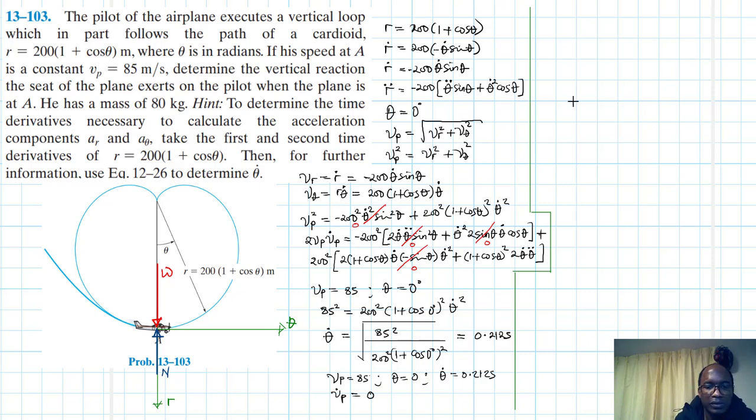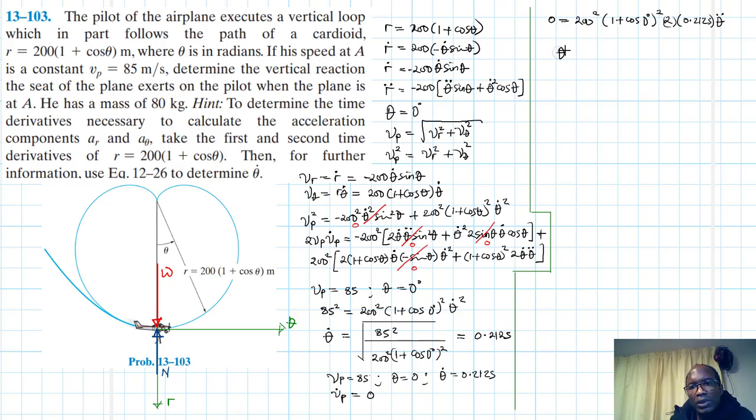So this just gives us 0 is equal to, we are solving this, mind you, we want to find theta double dot. 0 is equal to, this is 0, this is 0, this is 0, so it's equal to 200 squared, and then (1 plus cos 0 degrees) squared, and by 2, by theta dot, which is just 0.2125, and by theta double dot.